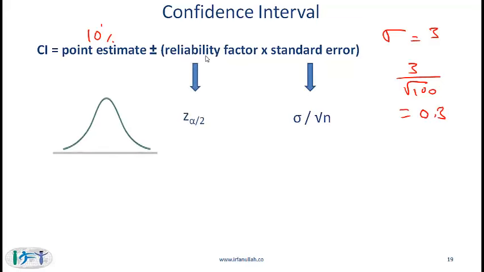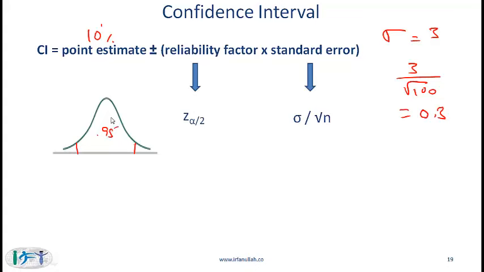The reliability factor is sometimes called Z alpha over 2. And the way you can think of this is as follows. Let's say that we want to come up with a range with a 95% confidence level. So 95% means 0.95. That is our confidence level.